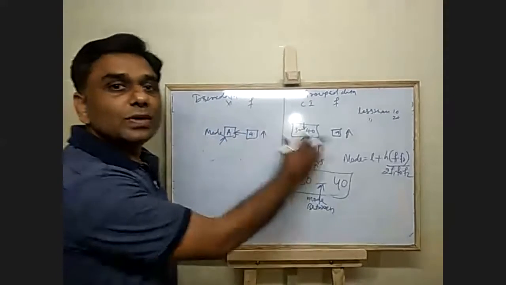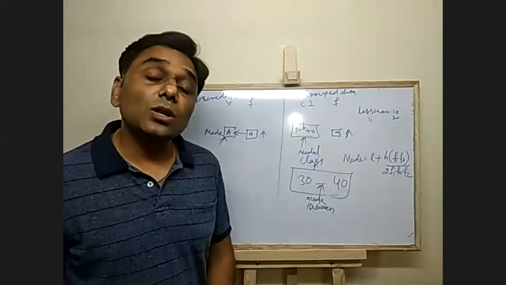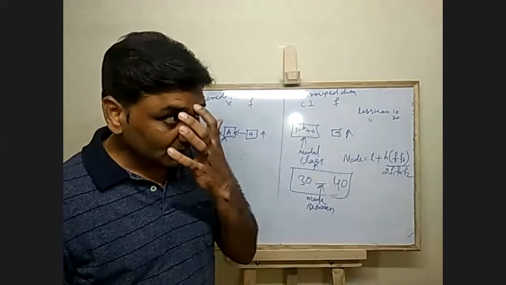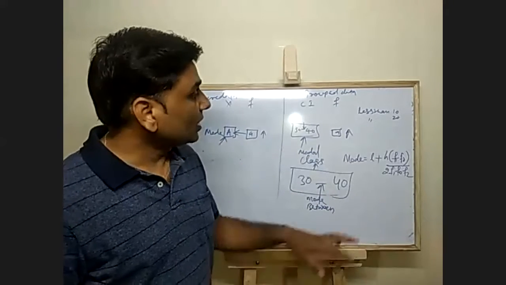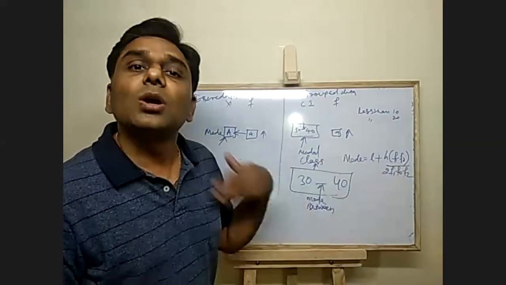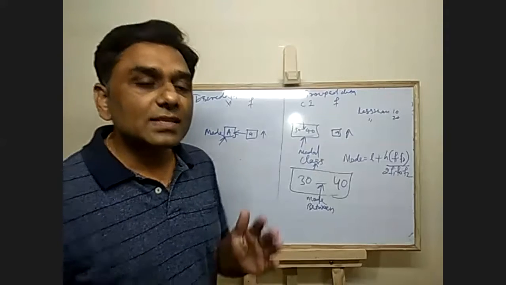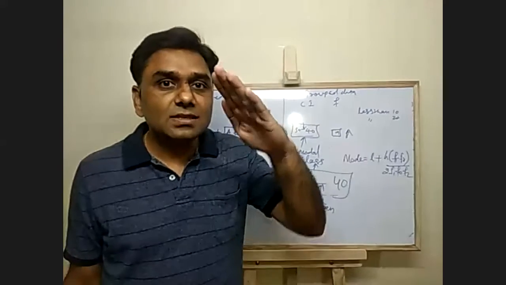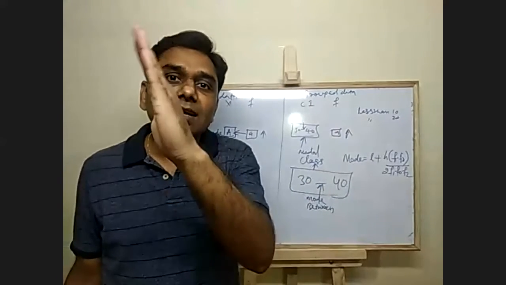So these two we have seen. We have also seen the third problem where we were not able to find the mode using these two methods, because frequency increased, decreased, again increased and decreased.